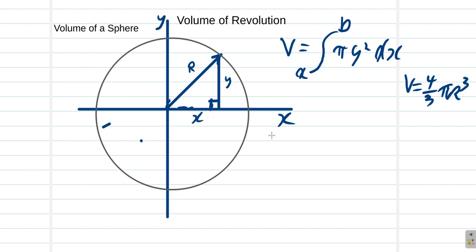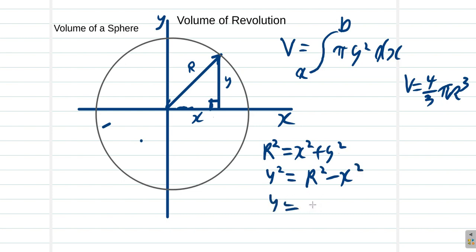And if you consider Pythagoras theorem, r squared equals x squared plus y squared, where r is the hypotenuse, and the x and the y are the other two sides of that right angle triangle. If we transpose this for y, we would get y squared is equal to r squared minus x squared, and y equals the square root of r squared minus x squared, right?